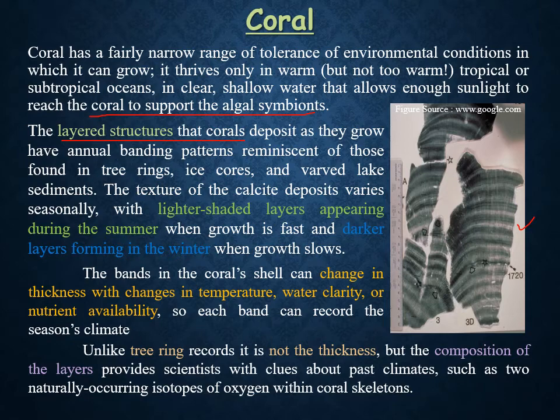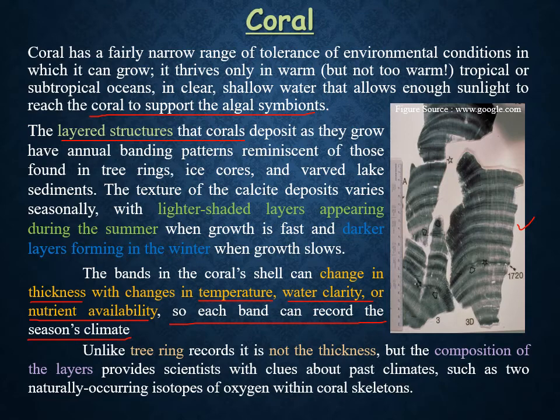Now, apart from the density variation of calcium carbonate skeletons formed during different seasons, the bands in the coral will also show variation in thickness, and this thickness variation is due to differences in temperature, water clarity, and nutrient availability. So each band can record different seasonal climatic conditions.